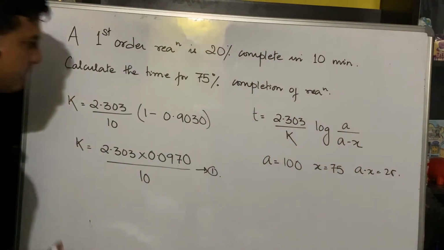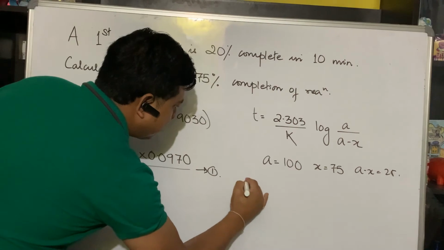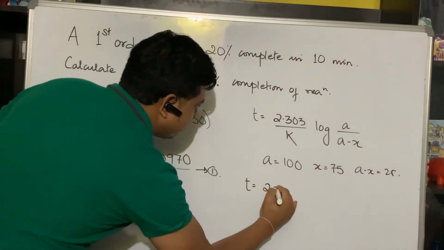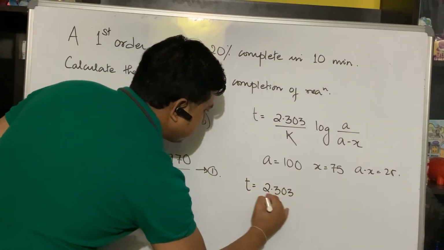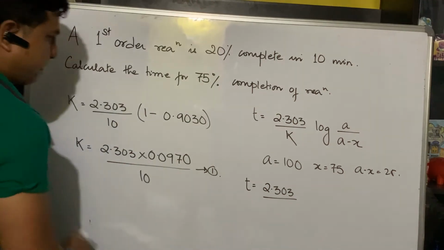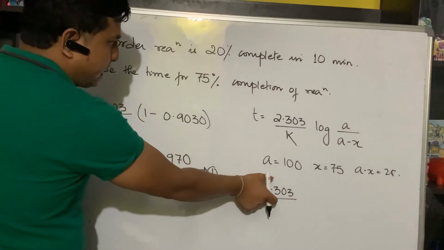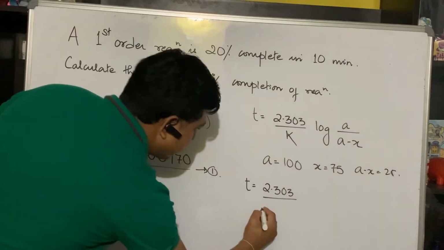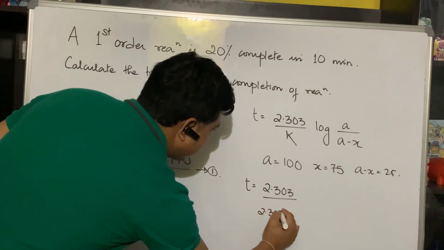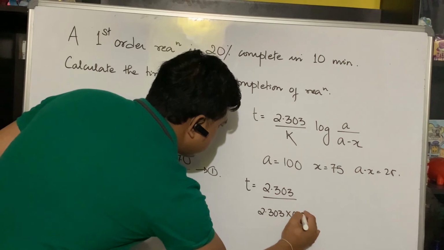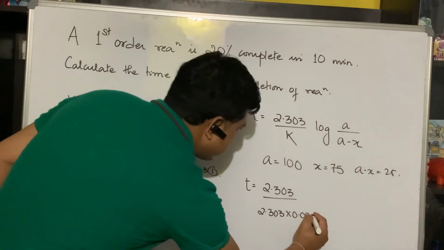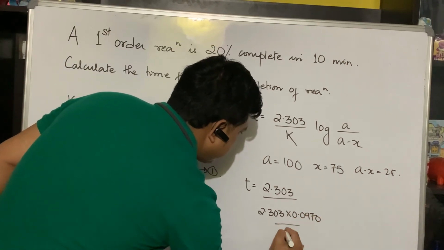Now I'll substitute the values. So T is equal to 2.303 by K. Okay, what is the value of K? So why have I kept this in this way? So that 2.303 and 2.303 will get cancelled. So 2.303 into 0.0970 divided by 10.